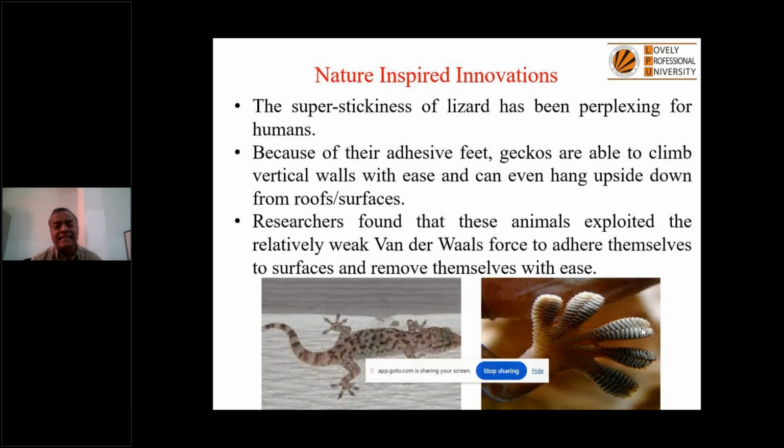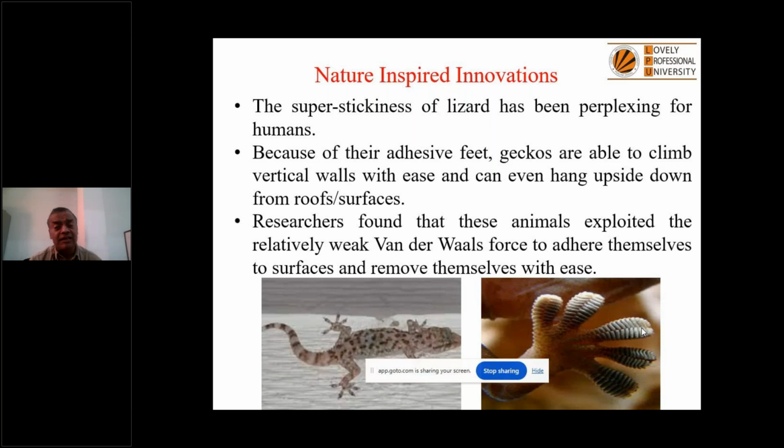Researchers found that these animals exploited the relatively weak van der Waals forces to adhere themselves to surfaces and remove themselves with ease. So whenever they want to move, they can release from the surface. Whenever they want to stick and rest, they can sleep overnight, because there develops a vacuum in between the surface and their palm fingers.